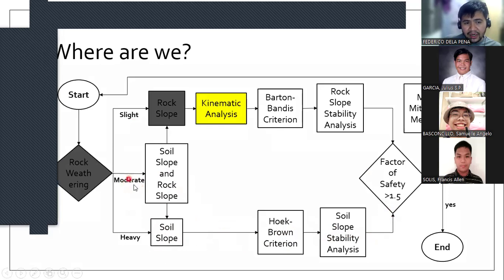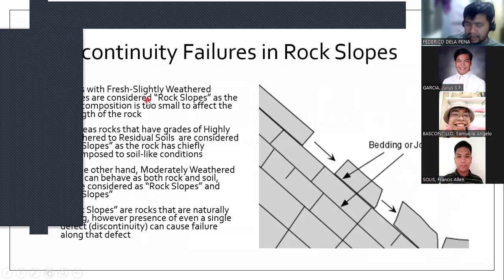And you will notice here that a rock that is moderately weathered is actually very tricky to handle because a moderately weathered rock can undergo failure as a rock slope or as a soil slope. Therefore, if you have a moderately weathered rock, you have to do both analyses, okay? And see which kind of failure would actually be more likely to happen. Okay? All right. I think I can proceed.